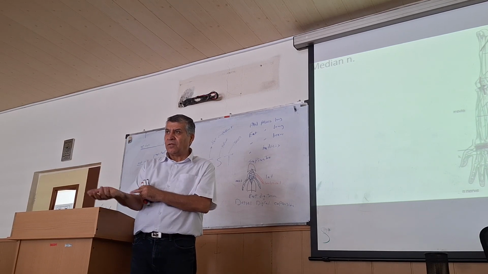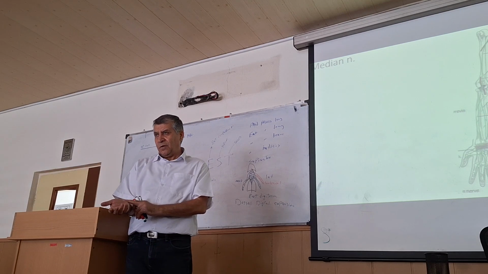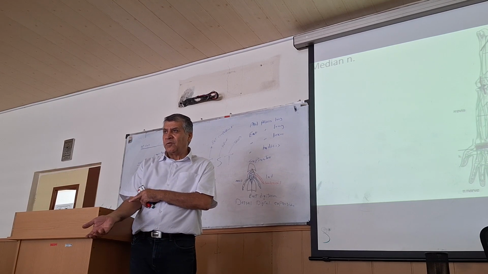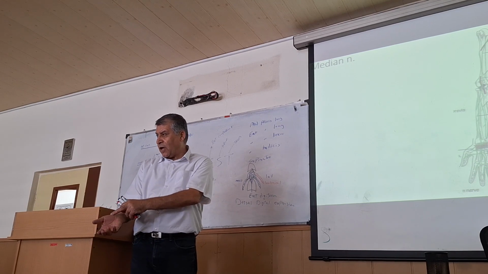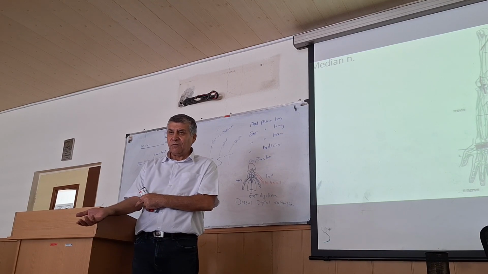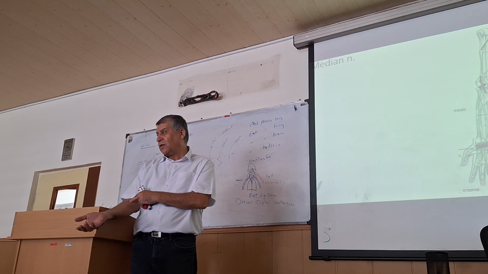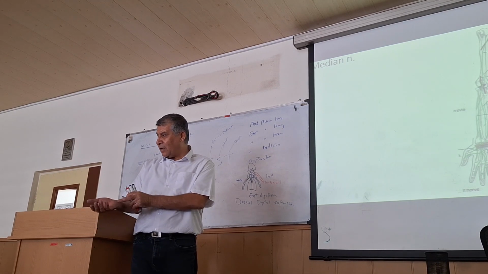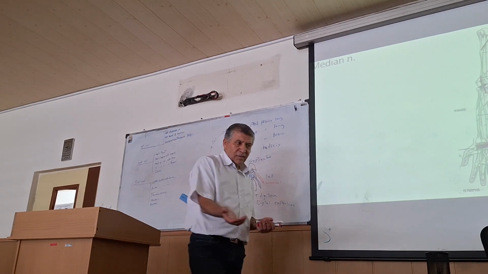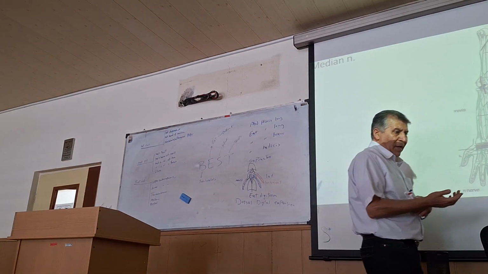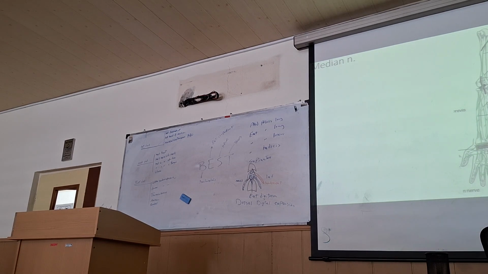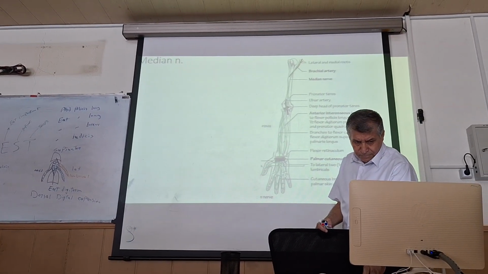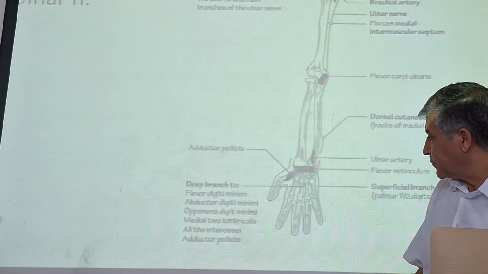Other structures are superficial to the flexor retinaculum, for example, the tendon of flexor carpi radialis, flexor carpi ulnaris, palmaris longus, the ulnar artery and ulnar nerve. Which direction do these structures go toward the hand? Superficial to the flexor retinaculum.